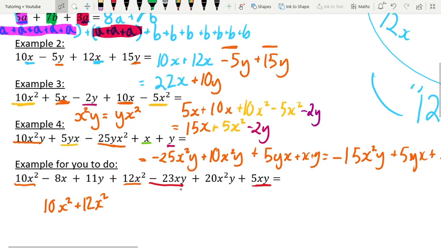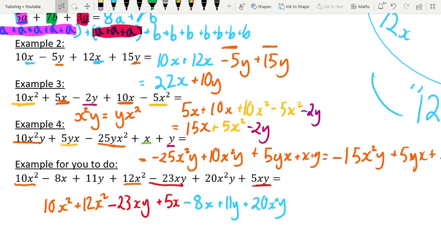In red here, we've got a minus 23xy and our 5xy. And then on the end, we've got all our other terms which cannot be combined together because there's no like terms. So we can say we've got the minus 8x plus 11y plus 20x squared y.